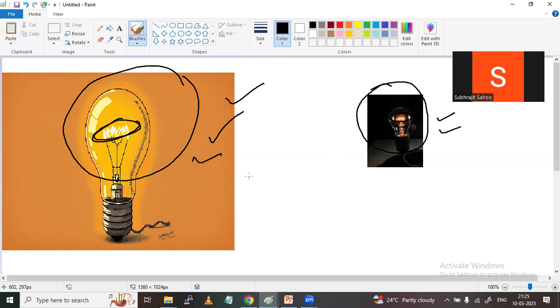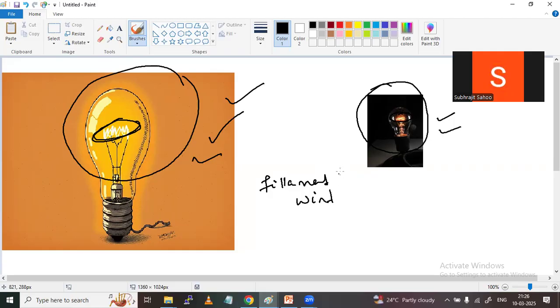When the brightness is full, at that time the filament will not be visible. Generally in a 100-watt or 150-watt bulb, we can observe this very clearly.